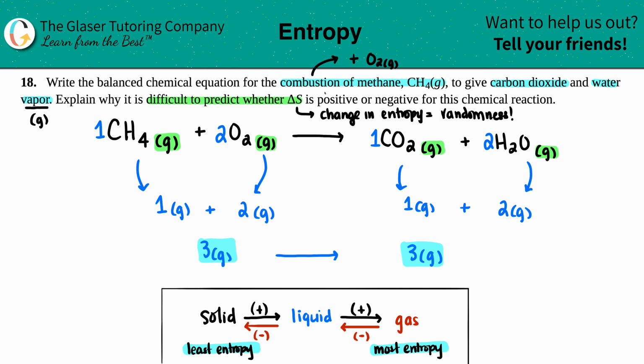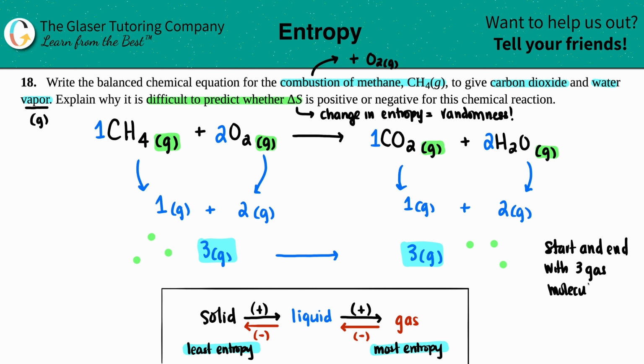So in this case, I have 3 molecules that are bouncing all over the place. 1, 2, 3. And at the end, I have 3 molecules bouncing all over the place because they're both gases. So that's why it's difficult to predict whether that delta S is positive or negative, because you start and end with 3 gas molecules.